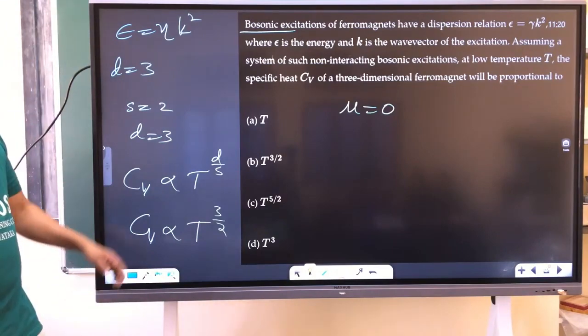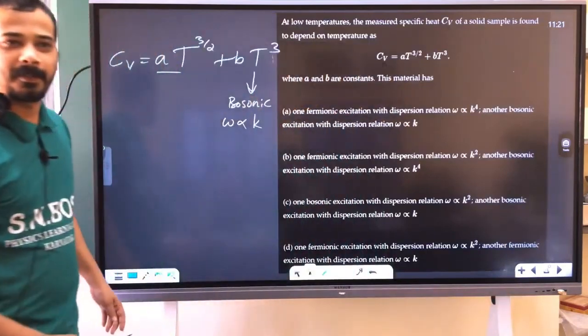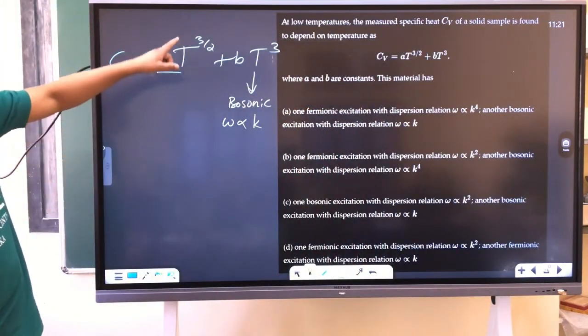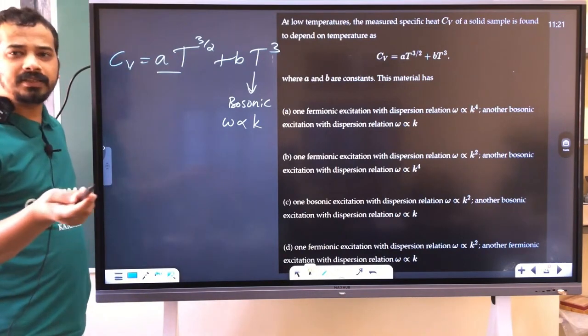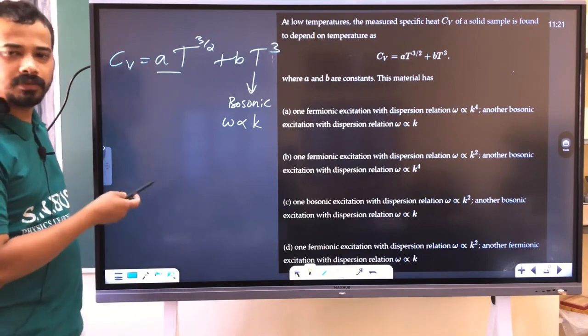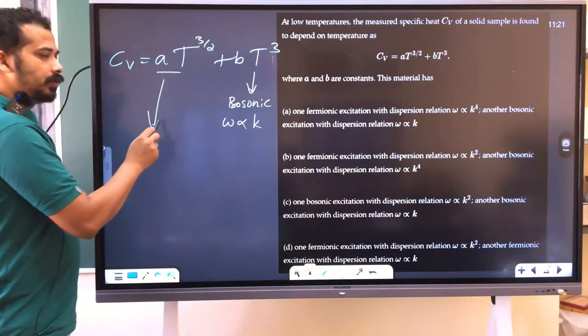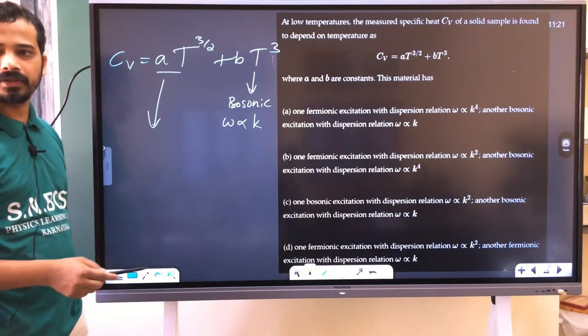Now this question is needed to answer that one, T power 3 by 2. From that experience, I gave that one in the homework. Check that out. It is there in the homework as well as in the class. I told you about fermionic and bosonic excitations in the ferromagnet.